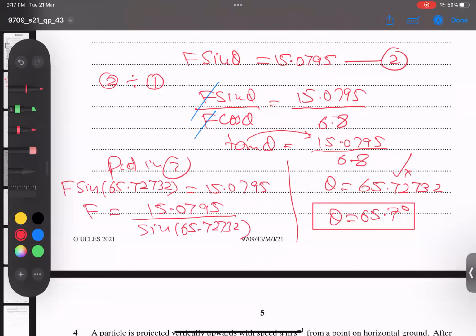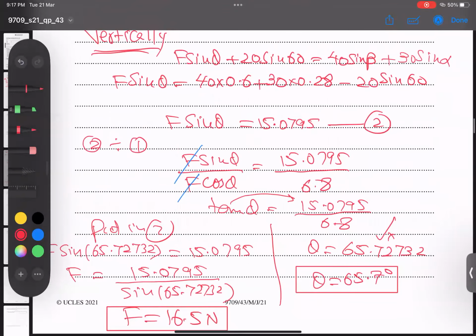If I type in the calculator, let's see what answer comes. This is okay. 15.0795 divided by this, I got the force 16.5 newtons. Alhamdulillahi Rabbil Alameen, I believe the point is very, very clear.